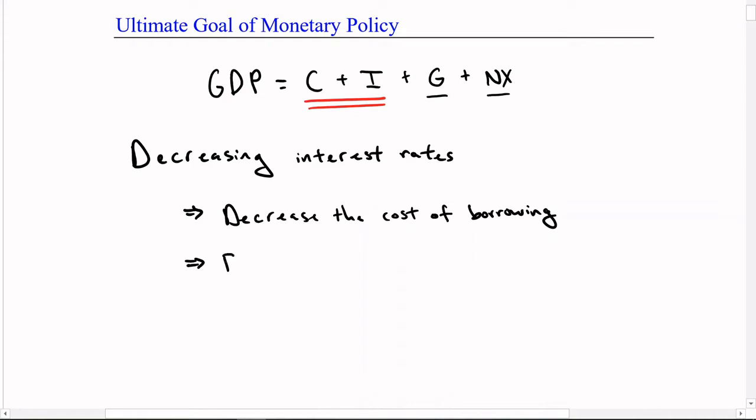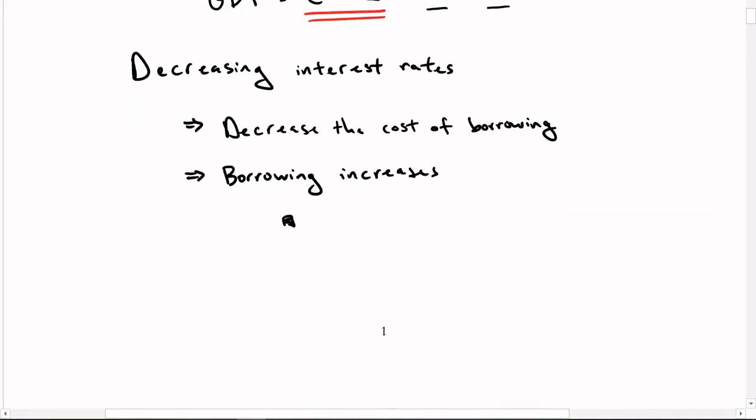Therefore, borrowing itself increases. And that's going to happen through investment, primarily through businesses, investment, and consumption from households. So households, investment in new cars, houses.